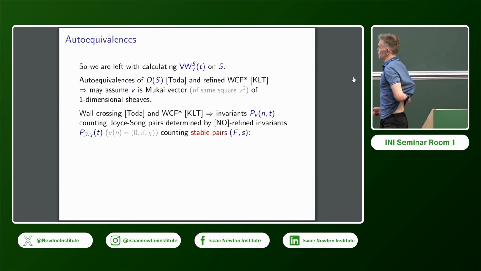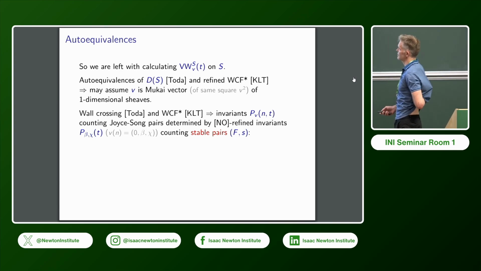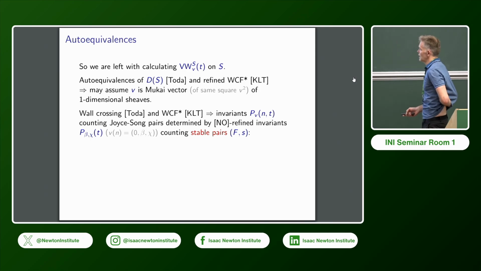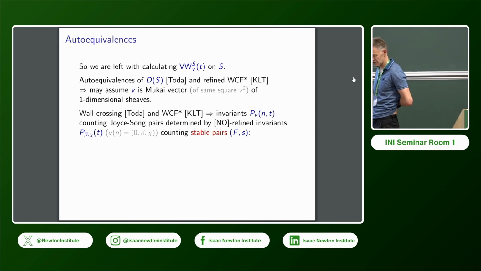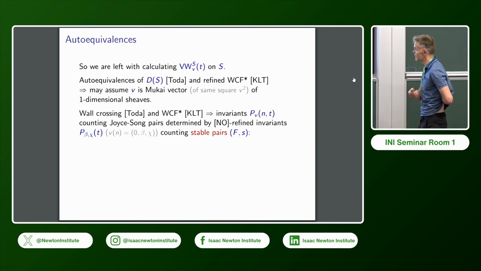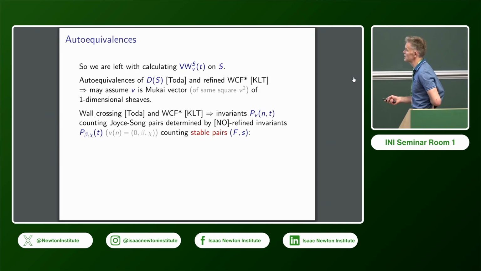And then further wall crossing shows you that the invariants, which count Joyce-Song pairs of one-dimensional sheaves, are determined by stable pair invariants, suitably refined, also counting one-dimensional sheaves, but in a slightly different way. So this answers Michael's question.